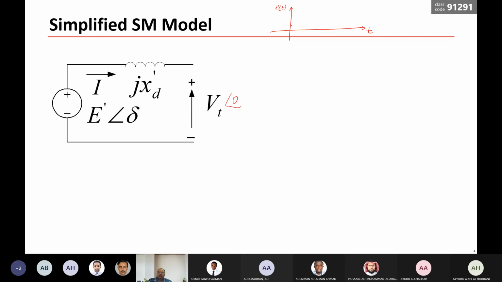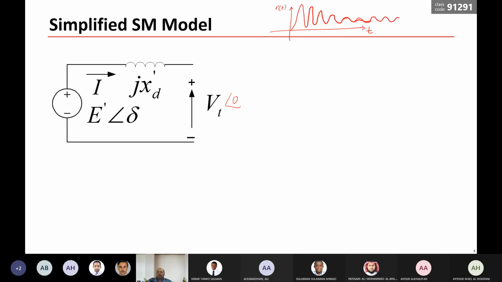Assume that you have a disturbance, a three-phase fault or whatever, then the current could go very high for a very short time, and then comes down.